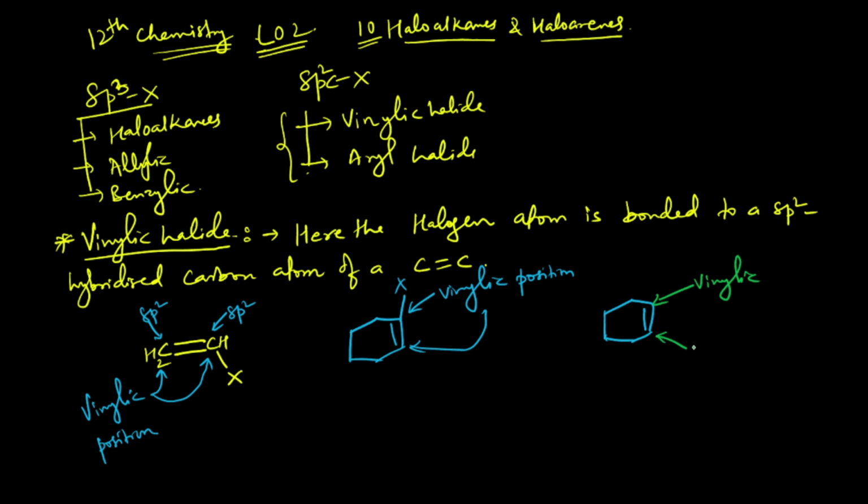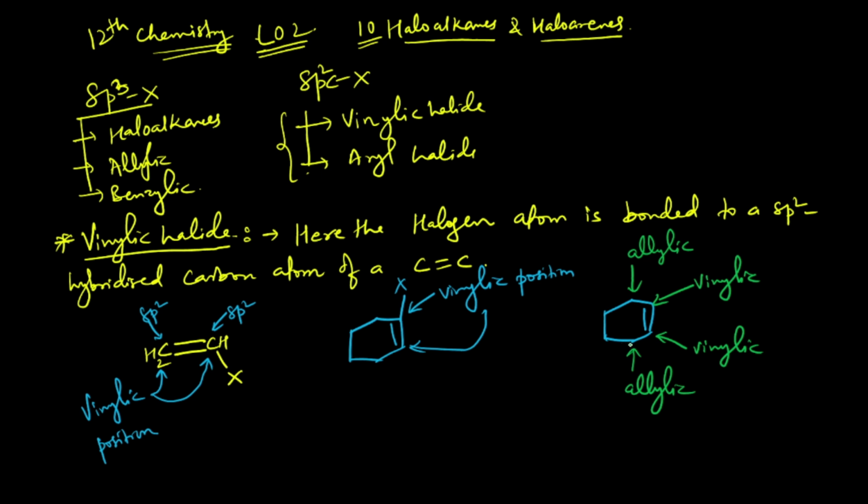This is also vinylic because these two are sp2. This is sp3, so this will be your allylic. This one will also be allylic because it is next to the double bond and it is sp3.